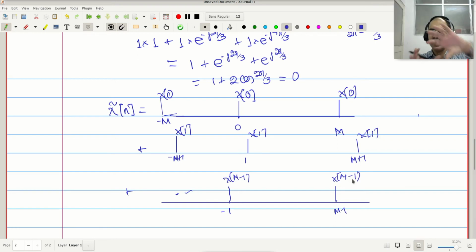So you are basically splitting your x tilde n into all places where it's x0, which is for n is equal to minus m, n is equal to 0, n is equal to m, n is equal to 2m, plus you're taking x1, wherever it is x1, that is minus m plus 1, at 1, at m plus 1, 2m plus 1, 3m plus 1, and so on, and adding it up. That is what you're doing.